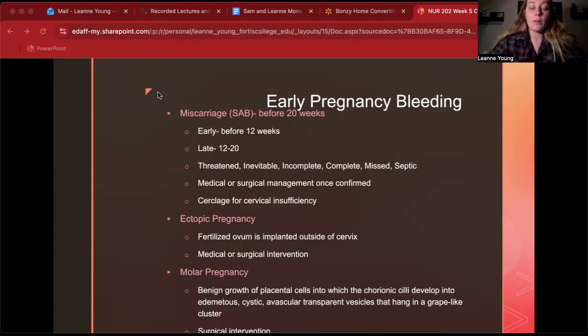Okay, so a D&C is dilation and curettage, where they go in and basically remove the products of conception from the uterus, effectively giving a woman a period is what is happening. So it is a miscarriage, but it's also restarting the woman's cycle as well. Okay.